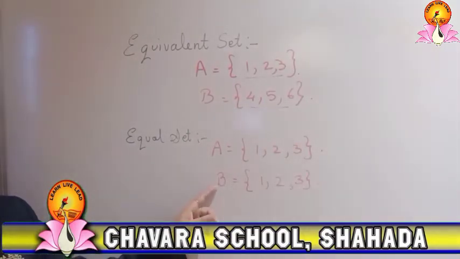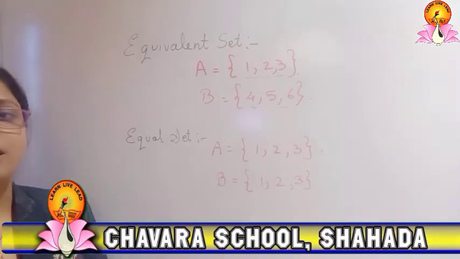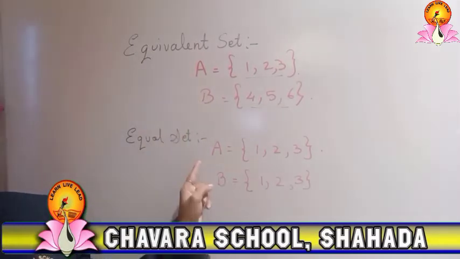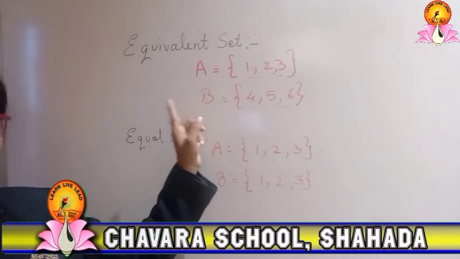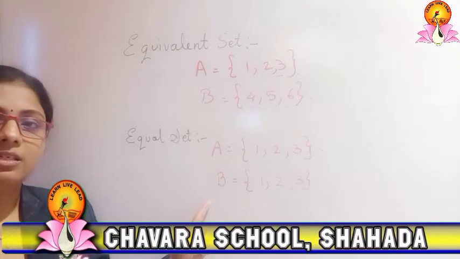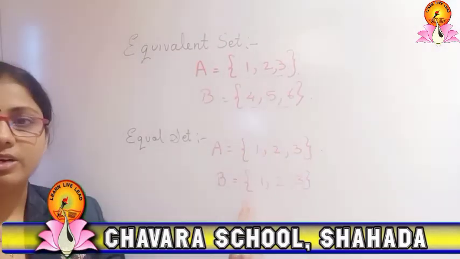In the equivalent set, we only have to see whether the cardinal number is equal or not, and here you have to see whether they are equal, meaning all the elements should be equal to each other.